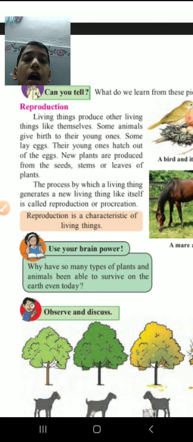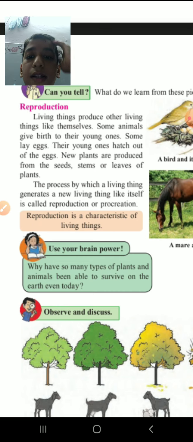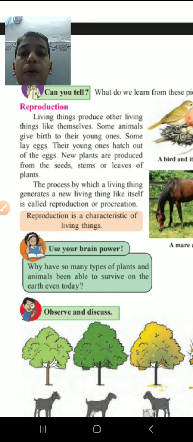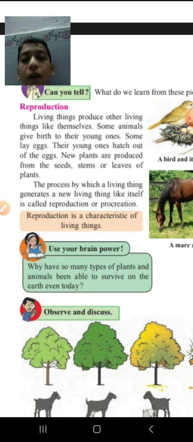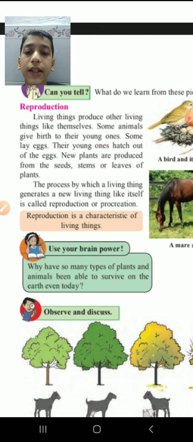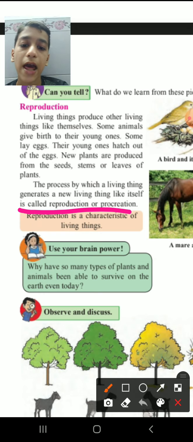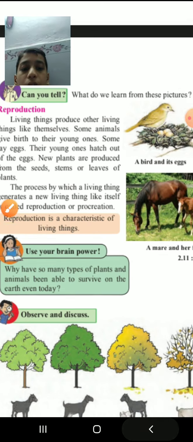New plants are produced from the seeds, stems, or leaves of plants. The process by which a living thing generates a new living thing like itself is called reproduction or procreation. Reproduction is a characteristic of living things. Use your brain power.